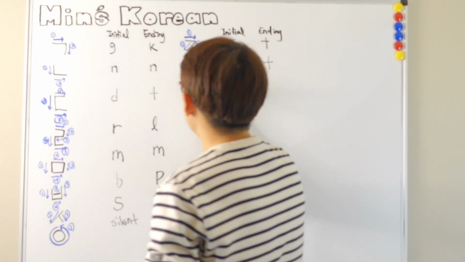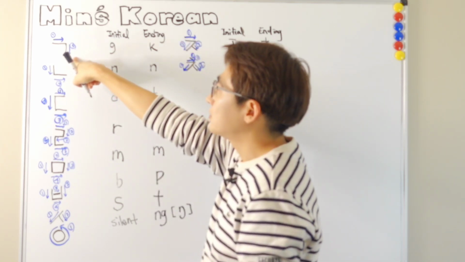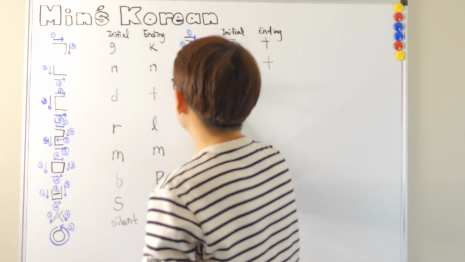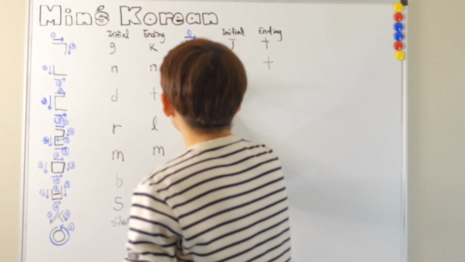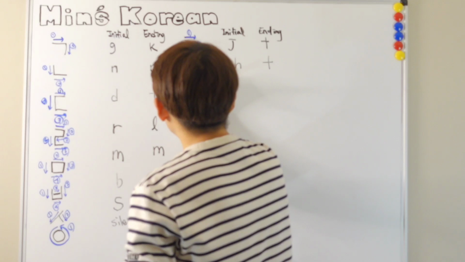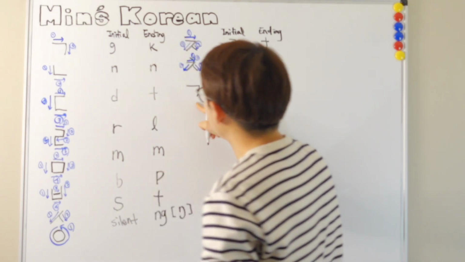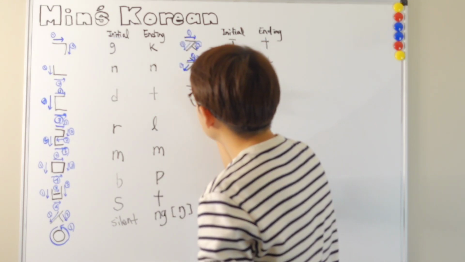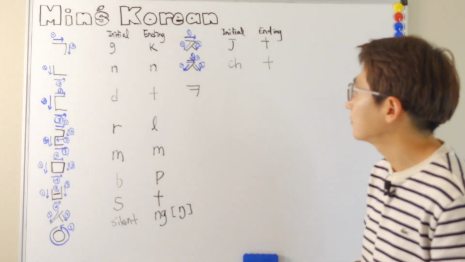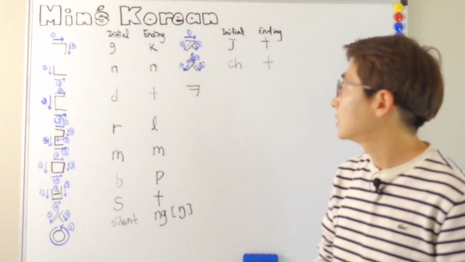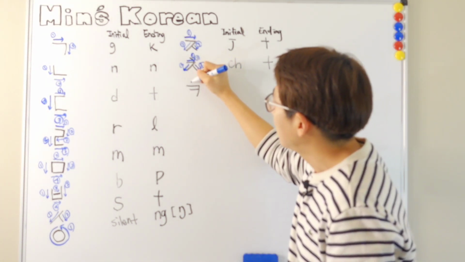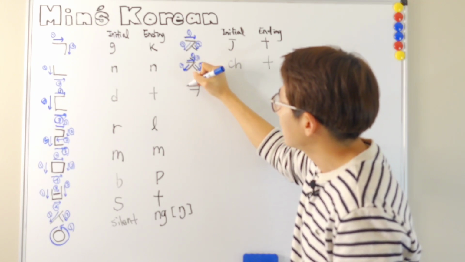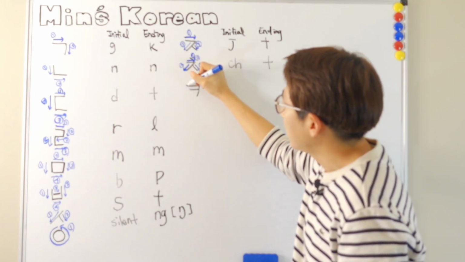The next one is somewhat similar to 기억. However, we need to do one more stroke. So first we do left to right, and then go here, and we put another stroke right there. Notice how I always start with the top and left to right.